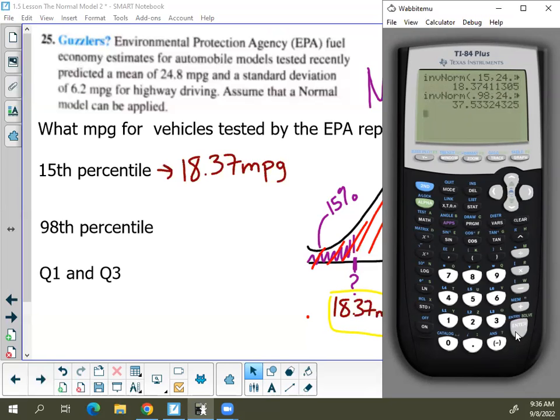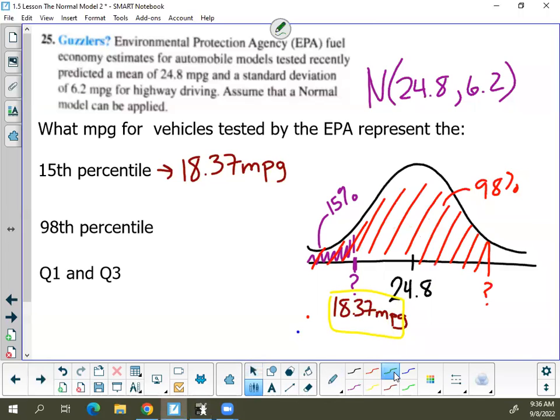And we get an answer of 37.53. And so that means that 98% of the vehicles will have a fuel economy of 37.53 miles per gallon or less, which makes sense. That's pretty high.